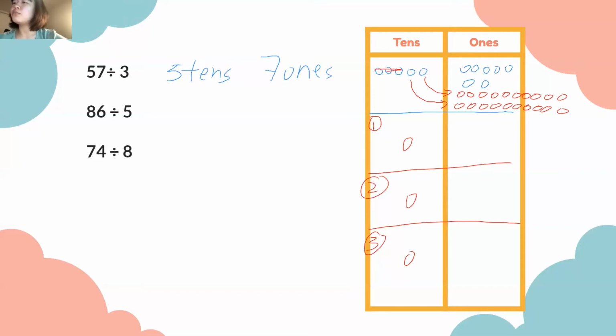So we unbundle 2 tens into 20 ones. How many ones do we have? We have 20, 21, 22, 23, 24, 25, 26, 27. So 20 plus 7 gives us 27.